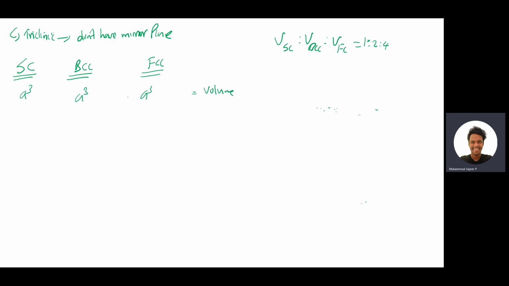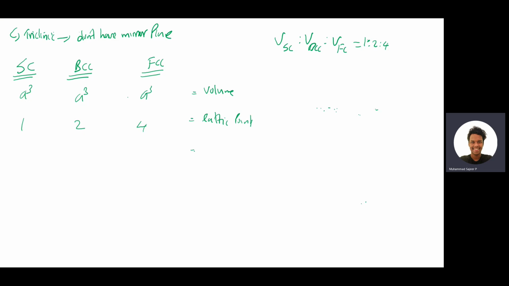The lattice points are 1, 2, 4, right? Because in BCC there is 1 at the center, so 1 plus all the outer corners, 8 times 1 by 8, so 1 plus 1 is 2, and similarly for FCC.